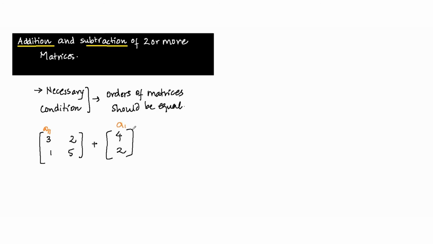This is also the first row first column element. So if I add 3 with 4, then there is no number left for this 2 to be added with. That is why the order of the two matrices should be equal. So when we add or subtract matrices, we add or subtract the corresponding elements, right?